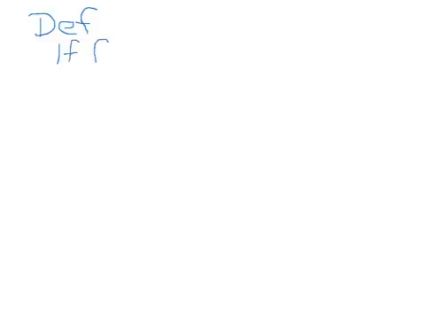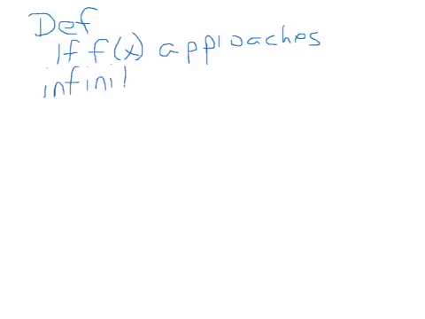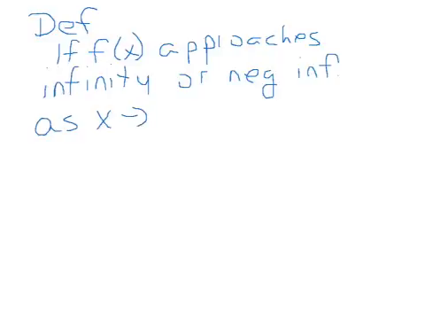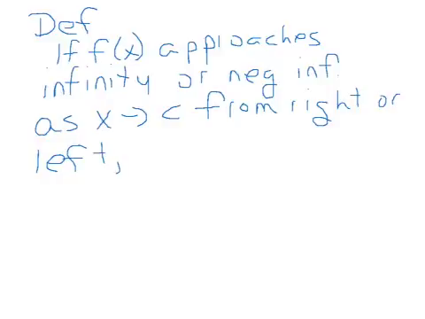If f of x approaches infinity, it's a lot harder to write on this, or negative infinity, as x approaches c from the right or the left, then x equals c is a vertical asymptote.